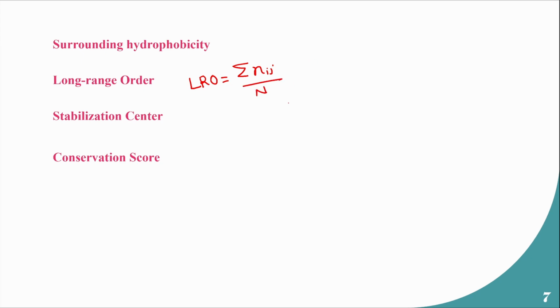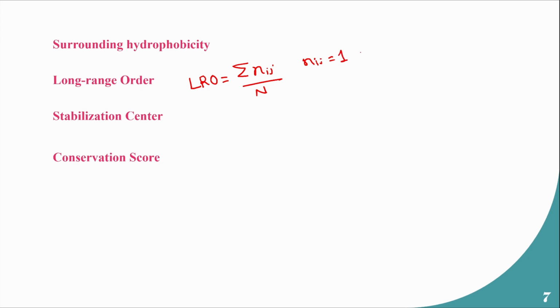In this particular case, nij is a kind of binary classification. If two residues are forming long range contacts, then we count this nij value as 1. If these residues are not forming long range contacts, then we write a 0.